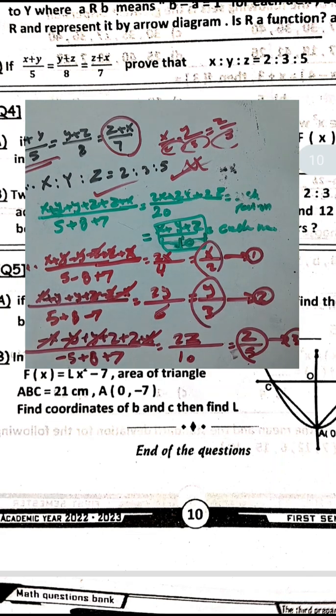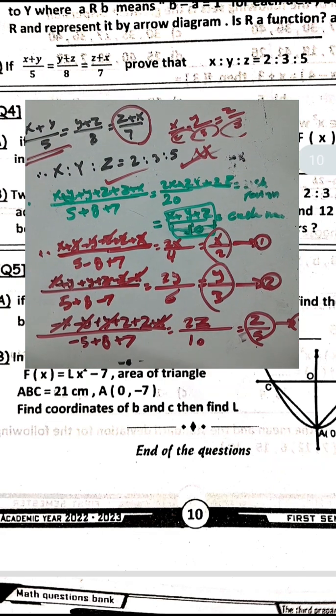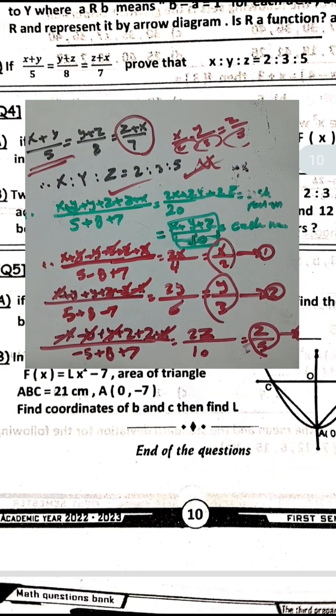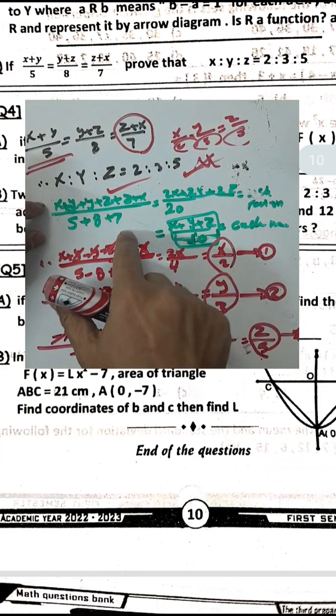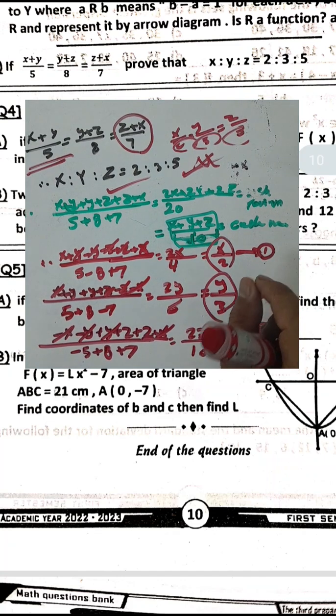Okay, understood? You must know the steps of this example. To solve an example like this, you must use these properties, but we can't use this property here.